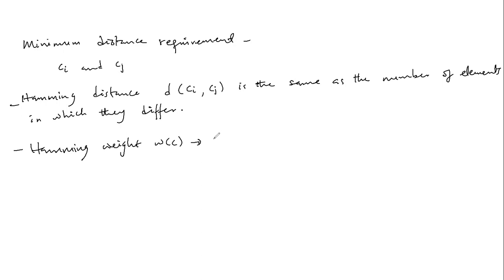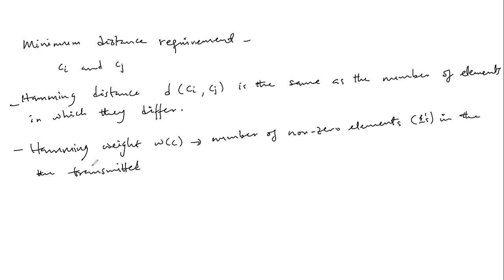Okay, so that's the number of non-zero elements, that is the number of ones in the transmitted code vector.